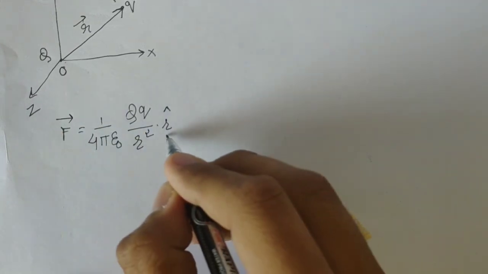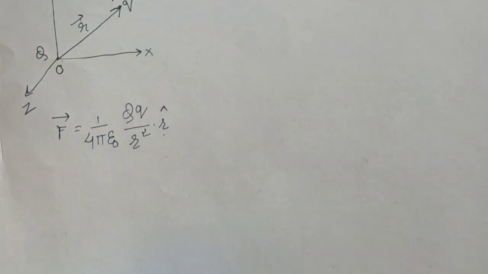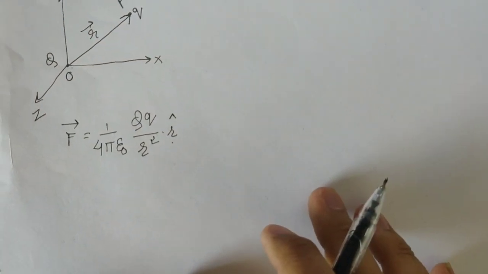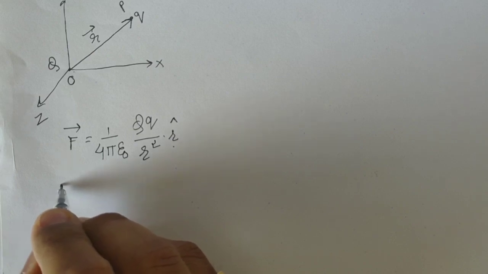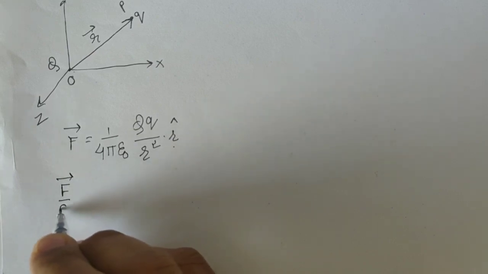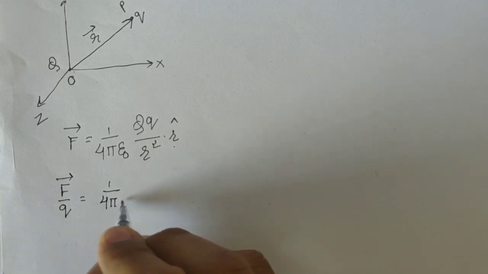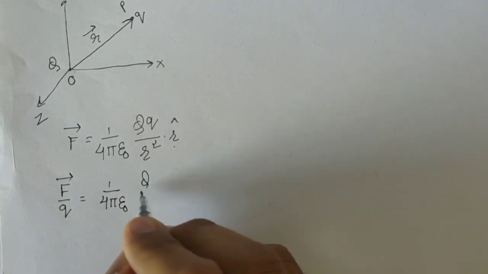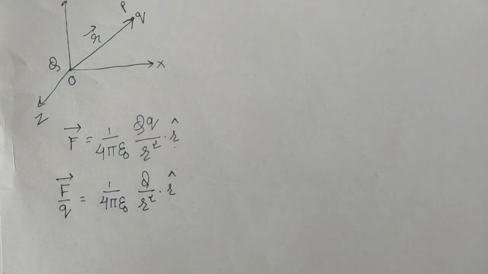R caret is required to denote the direction of force between capital Q and small q. Now this equation is divided by small q. F by q equals 1 upon 4 pi epsilon 0, Q by r square, into r caret.